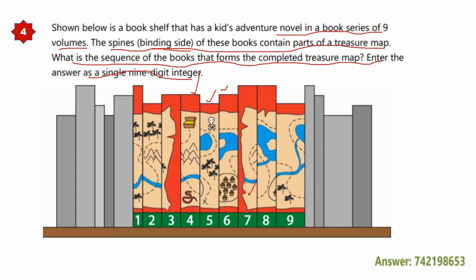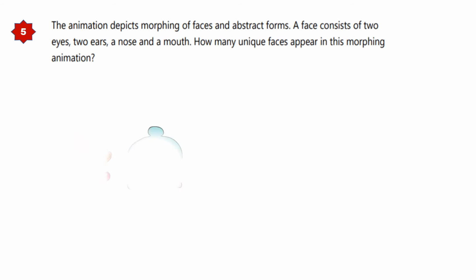This one first, 7, then 4, then 2, 1, 9, 8, 6, 5, 3, like that. Okay, if we just consider them in a particular order, then the path can be obtained. Okay, now let's see the fifth one.